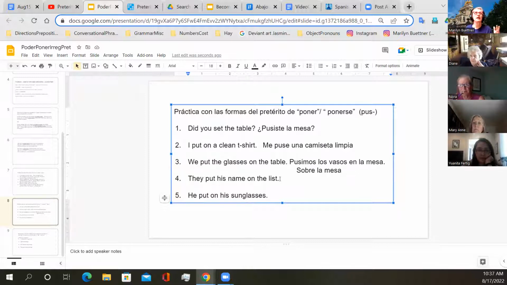I think of sobre more, for example, if I were saying I was putting a tablecloth, un mantel, that kind of drapes over, I would be more likely to use sobre for that because it's really covering the whole thing. But you can totally say sobre la mesa instead of en la mesa. You can, right? It's something that you can substitute in. Okay, bien. Okay. They put his name on the list.